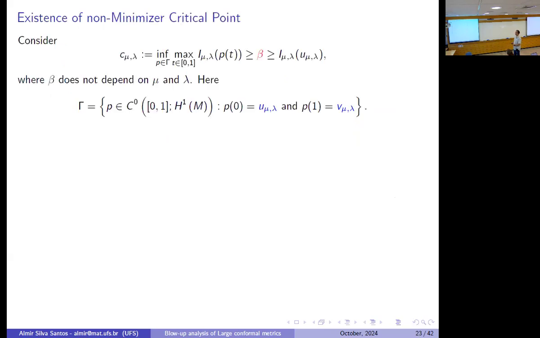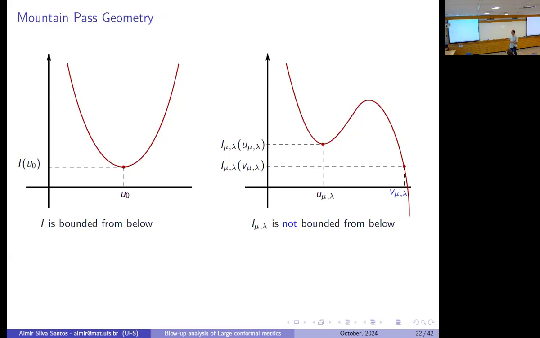Okay. So you consider this constant, which is the infimum of the maximum of the function along all continuous paths that go from the minimum point to this function, whose energy is below this energy.